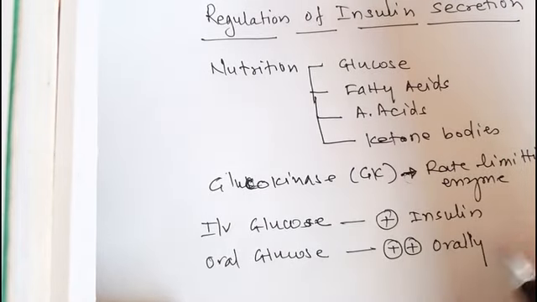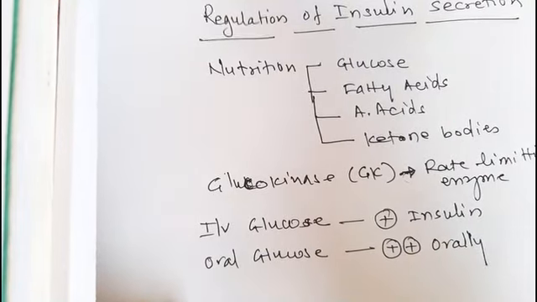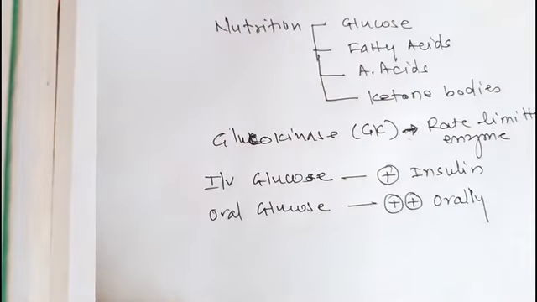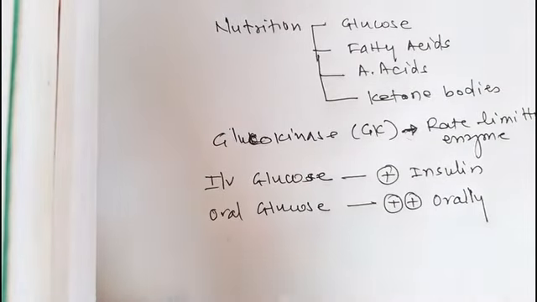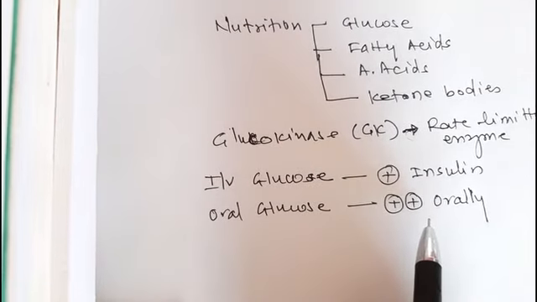But this indicates there must be some other agents, other factors which act as a stimulus for secretion of insulin. When you give oral glucose, there is more stimulus.